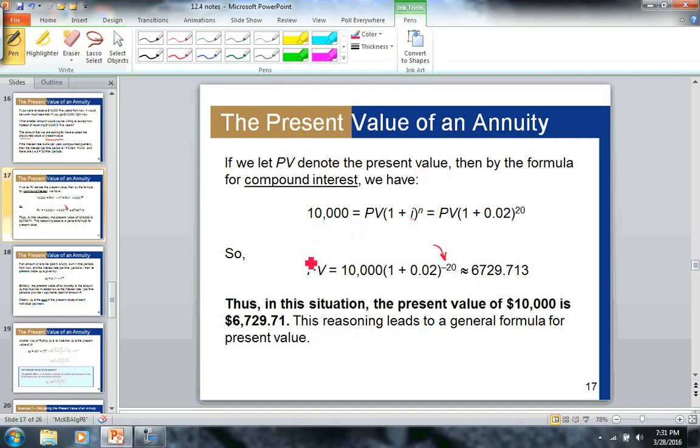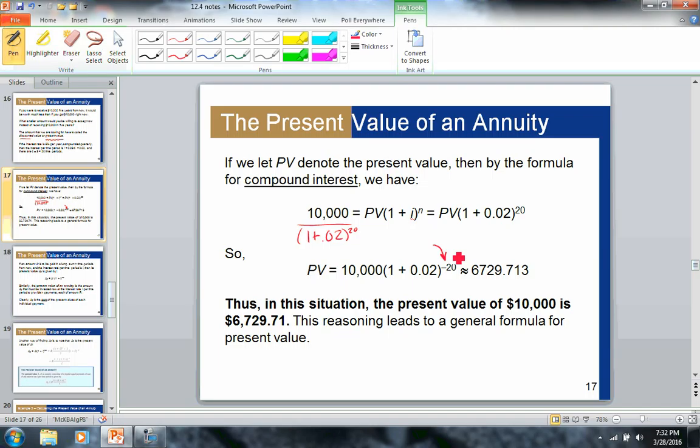So you could just divide by 1 plus 0.02 to the 20th in the denominator, but that's the same as multiplying by a negative exponent in the numerator. So that's where that comes from. Okay? Either way, you get the same amount of money, but noticing that this exponent is negative, that's going to be key for our equation that we're going to be using in a moment.